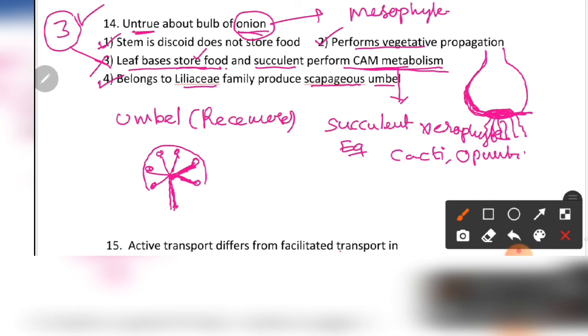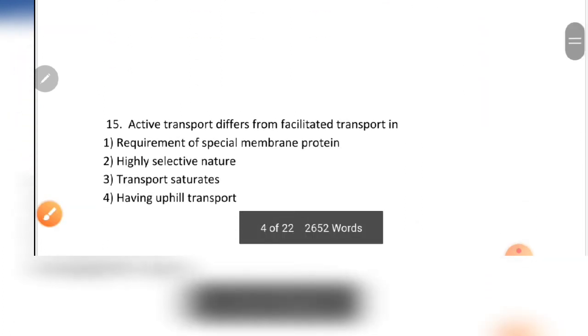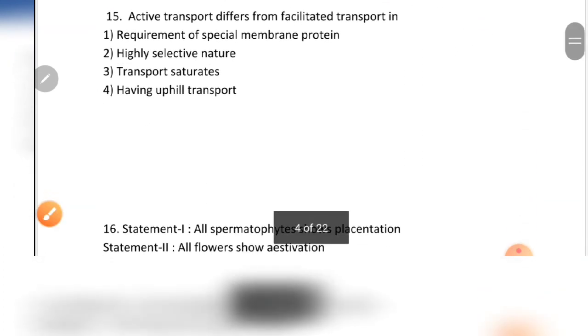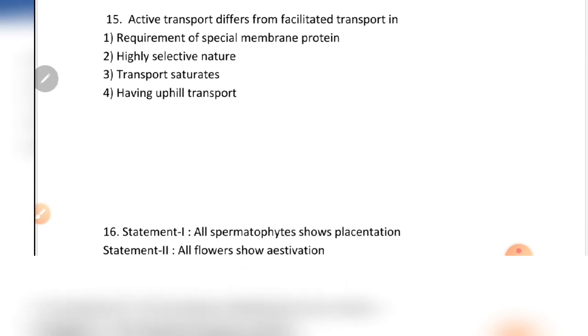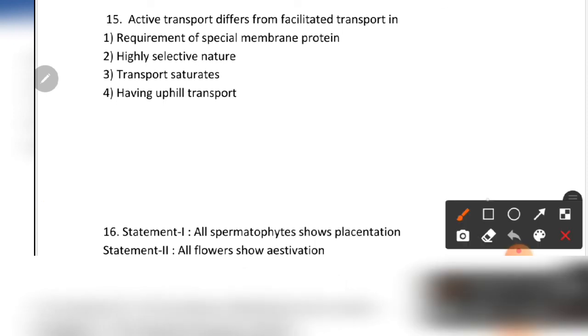Go to the next question. Active transport differs from facilitated transport in? Good question.